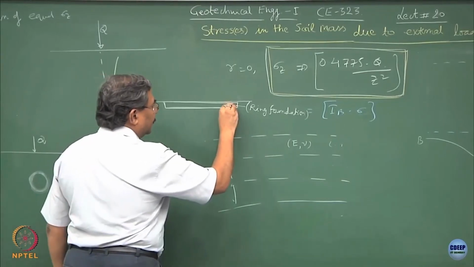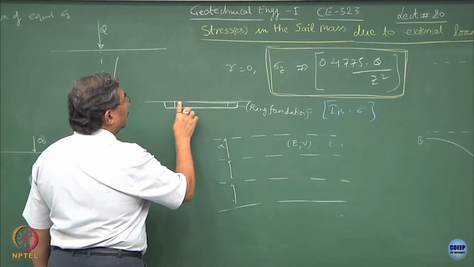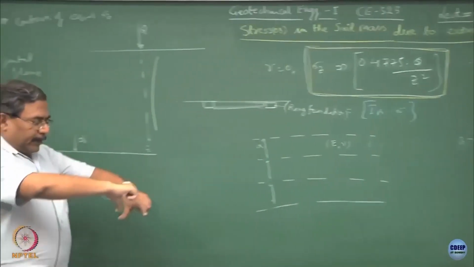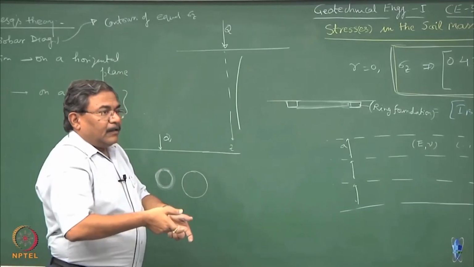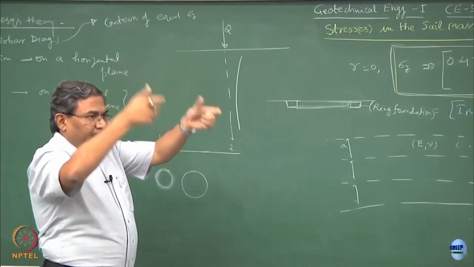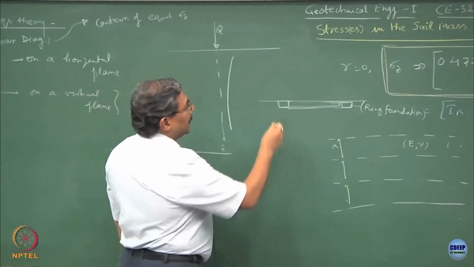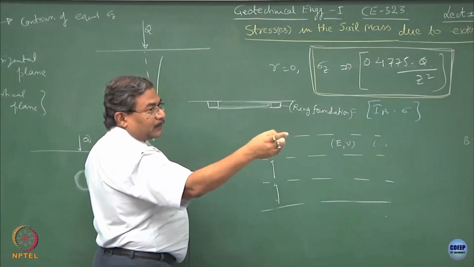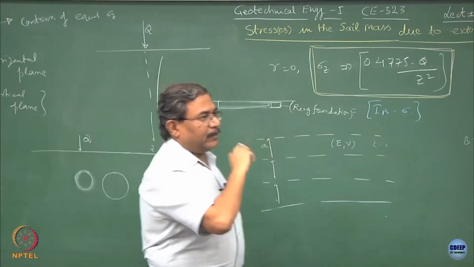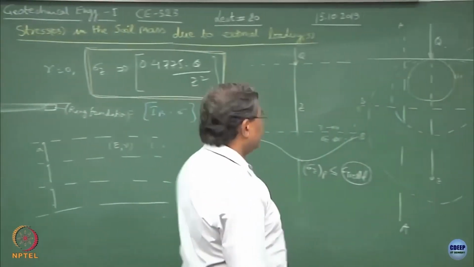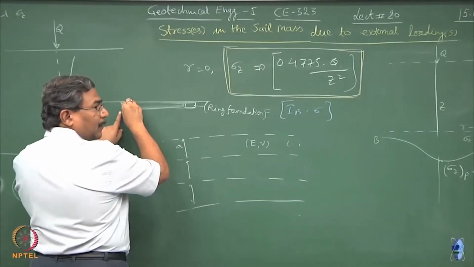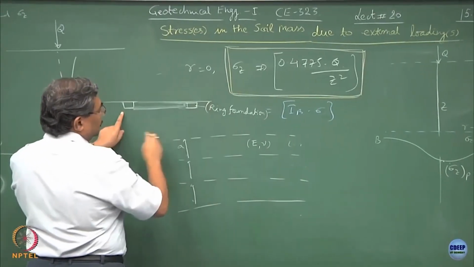What I will do is I will cut them into a ring. Is this okay? So, as if a ring is bearing the entire load of the tank. In this case, your sigma r theta is going to be very important, because this is going to be the hoop stress here. So, this design will be based on sigma r theta.